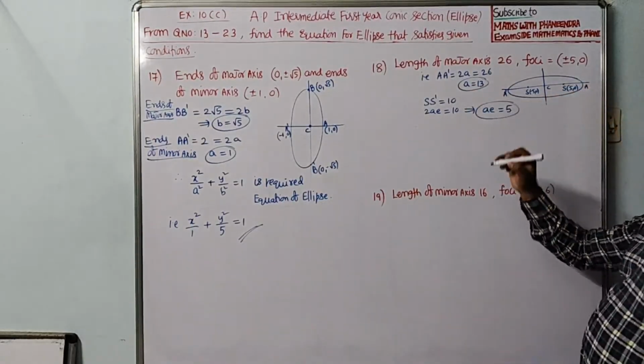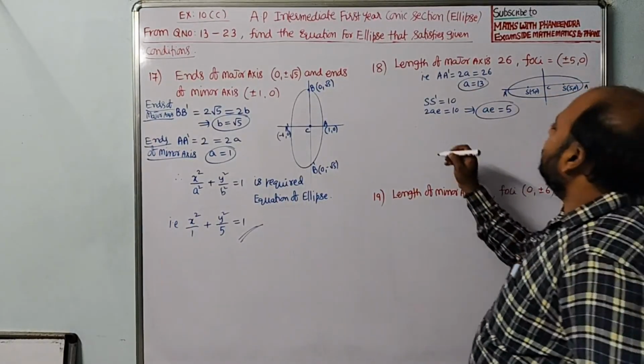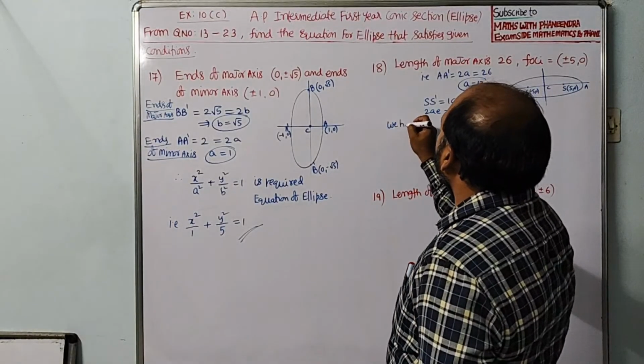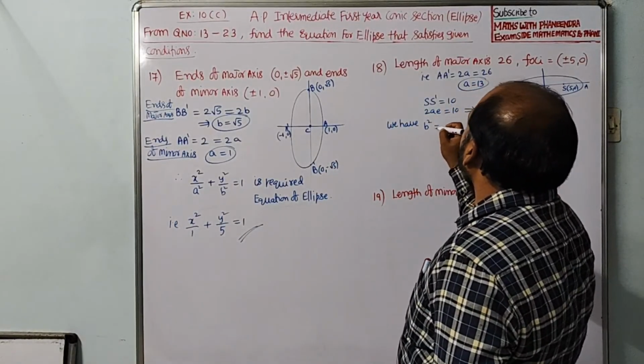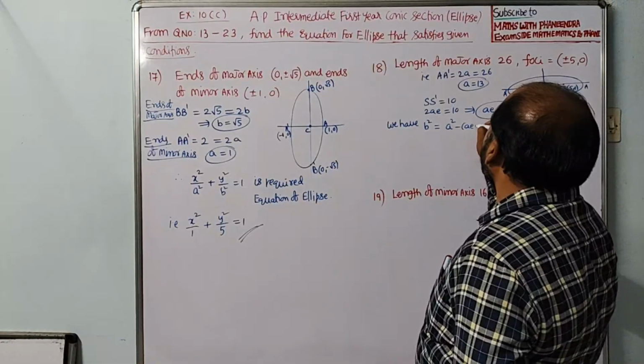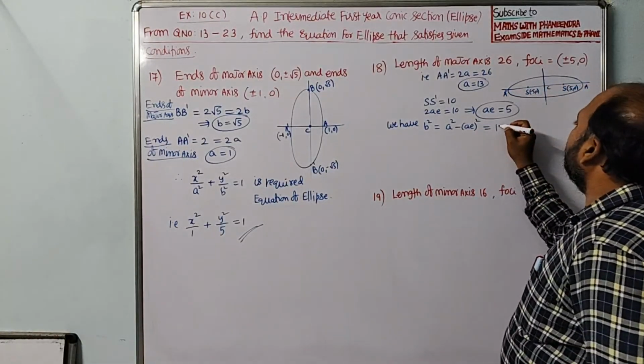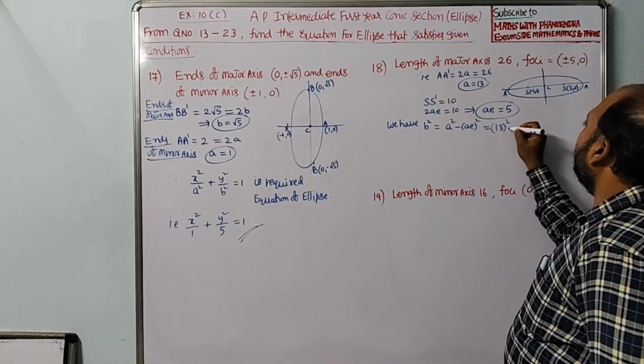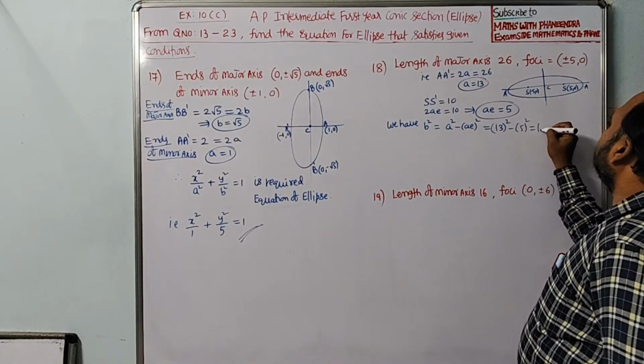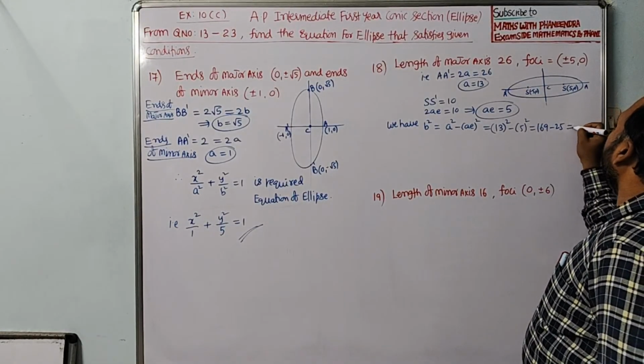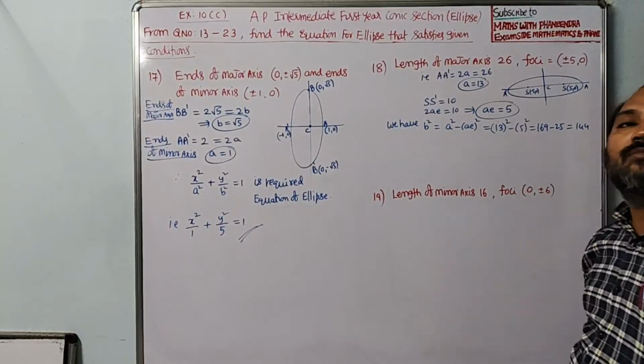So whenever A and AE values we know, B square is equal to A square minus AE whole square. So 13 square minus 5 square, 169 minus 25, that is equal to 144.